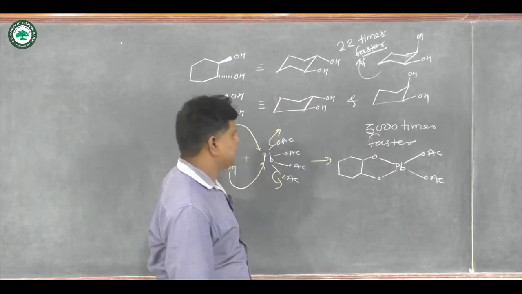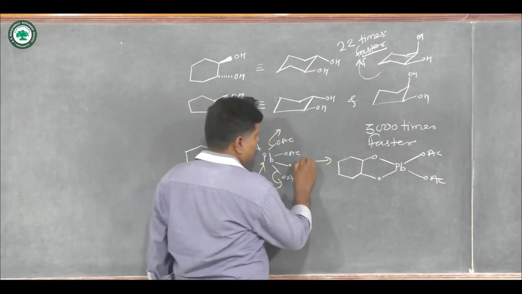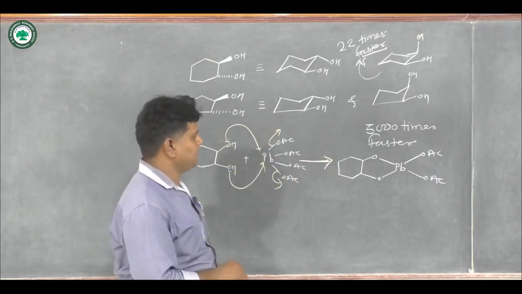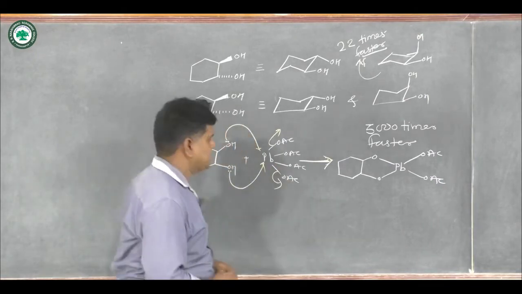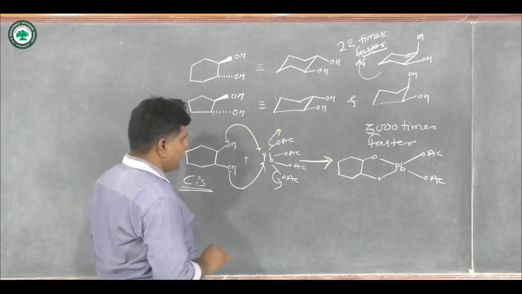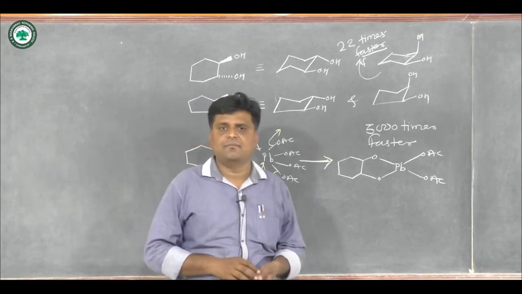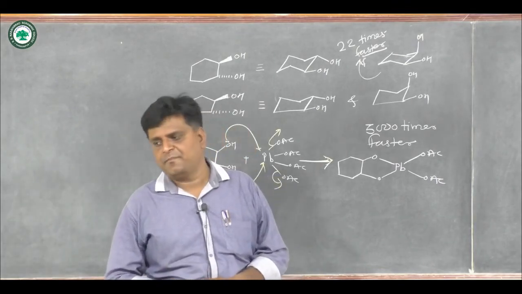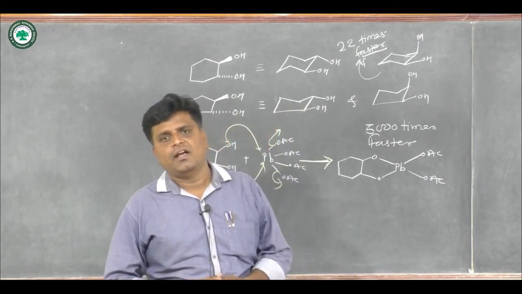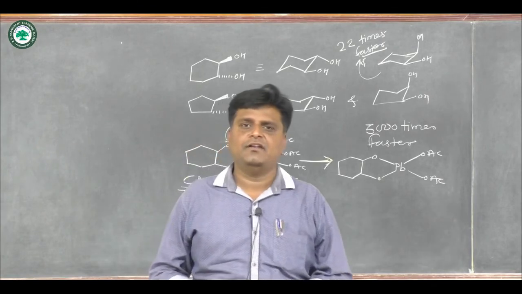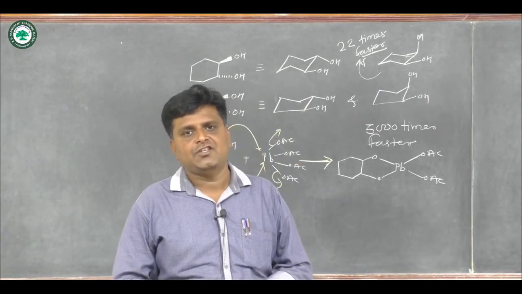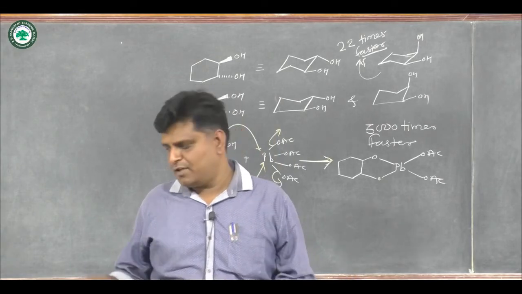But in this case, when we take a 6-membered ring, this is the cis isomer, and if we take another example about the trans isomer, at that time also the dihedral angle between both the hydroxyl groups is the same as shown in the cis isomer.